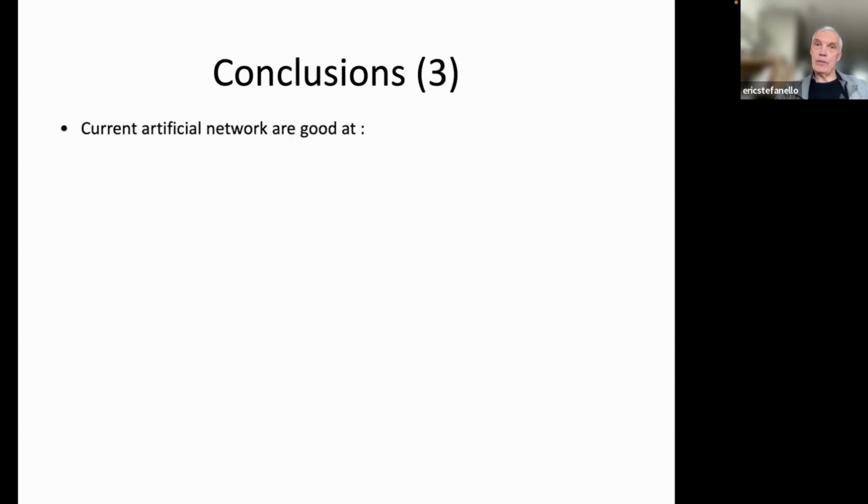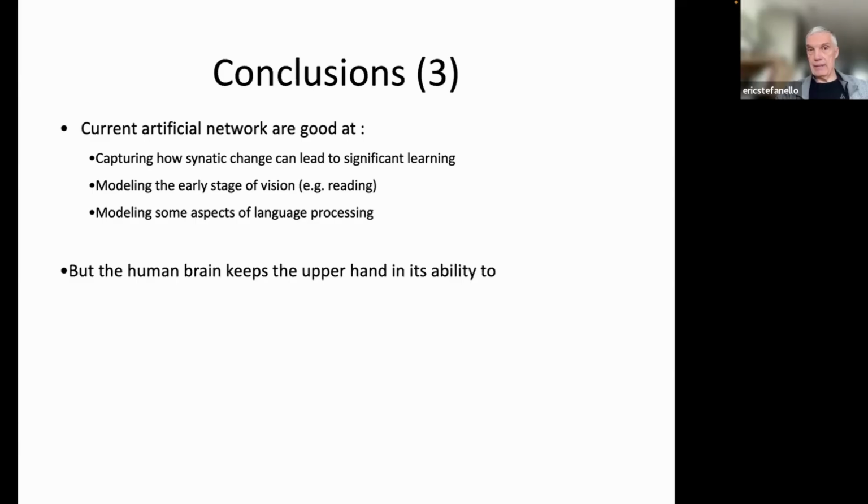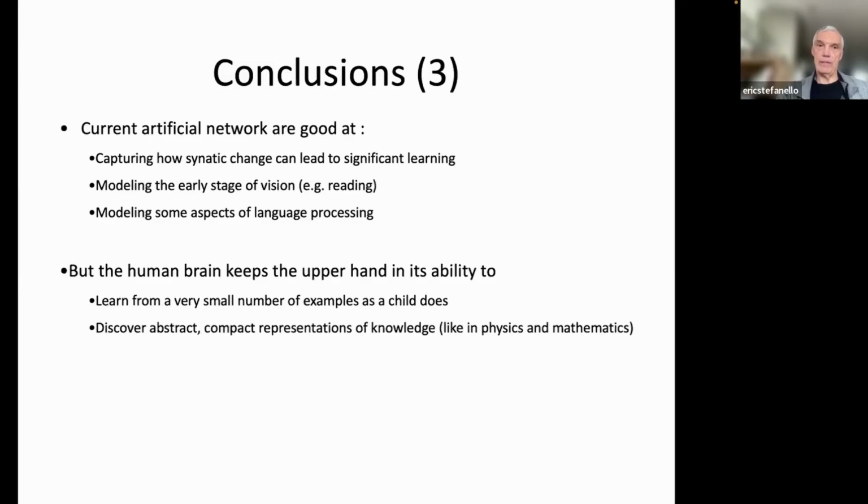And let's finish with a conclusion, which is not mine, but from Stéphane Dehaene, a neurobiologist. Artificial networks are very good at modeling the early stages of vision, of reading and processing language. But today, we keep the upper hand in our ability to learn from a very small number of examples, as a child does during infancy, which is really amazing, the way children learn from the world in which they live.